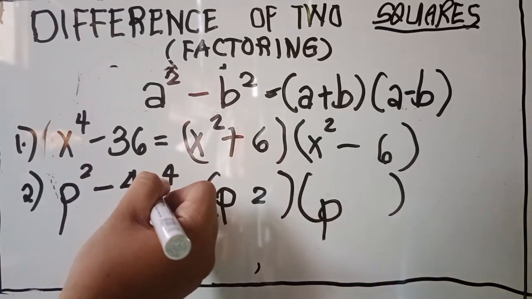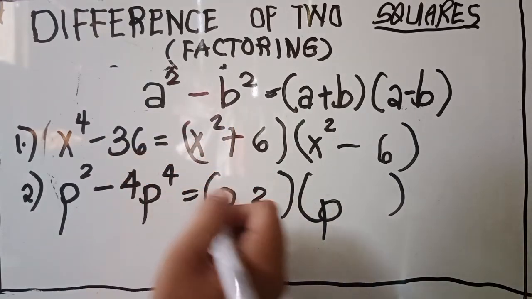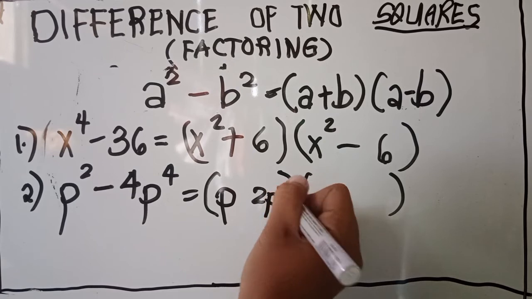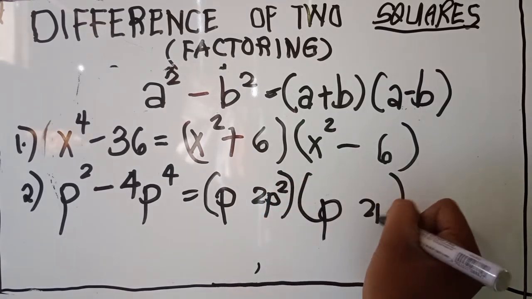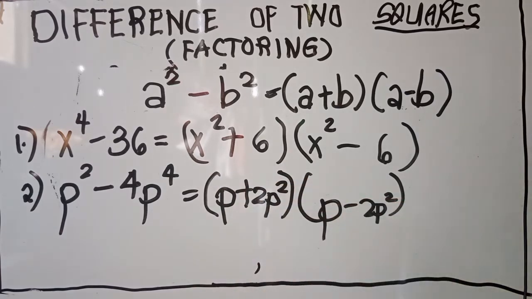And then the square root of p raised to 4, that's 4 divided by 2, that's p squared. Then same with this, 2p squared. Then conjugates, that's plus and minus. Therefore, that's going to be the factored form of p squared minus 4p raised to the fourth power.